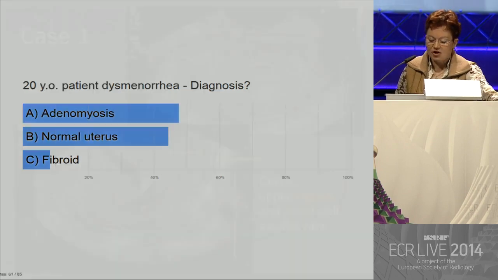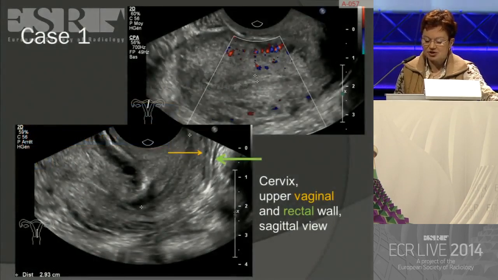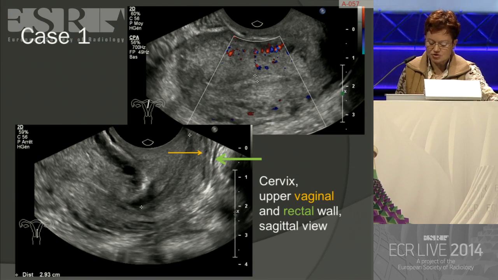Now here you have on the top a sagittal image where you can see that the hypoechoic lines are filled with color, so these are just the normal uterine veins. You have below a sagittal image of the cervix, which shows you a normal upper vaginal and rectal wall in a sagittal view, which you should always assess, because then you can identify potential abnormalities for endometriosis.